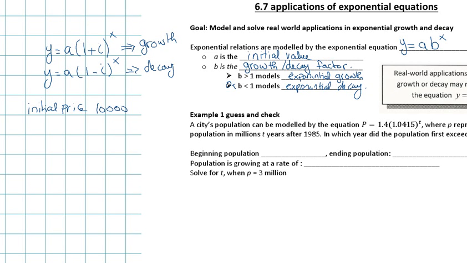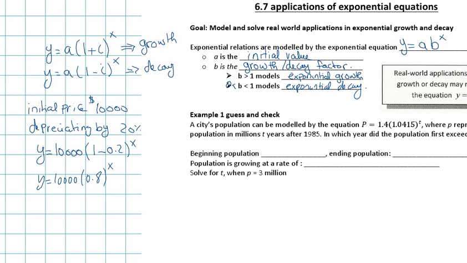And then it's depreciating by 20%, right? My equation is going to look like this: y equals 10,000, 1 minus 0.2 to the power of x, right? Because 20% is 0.2. Make sense so far? So if I put this together, that's going to be y equals 10,000 times 0.8 to the power of x, right?